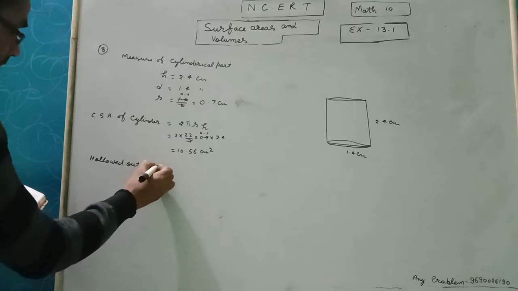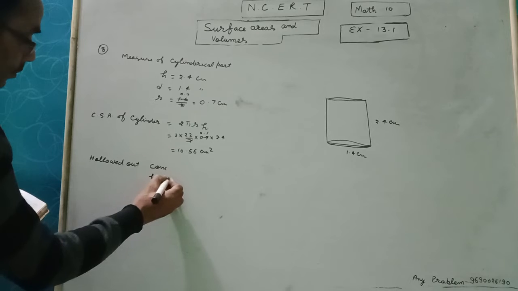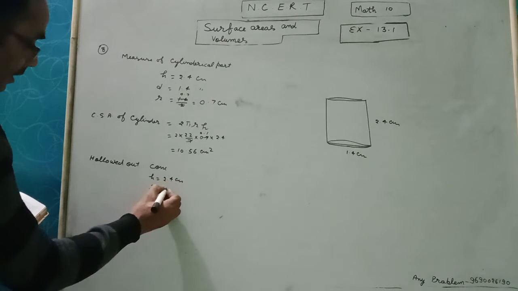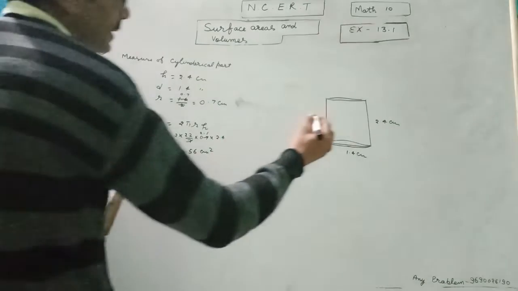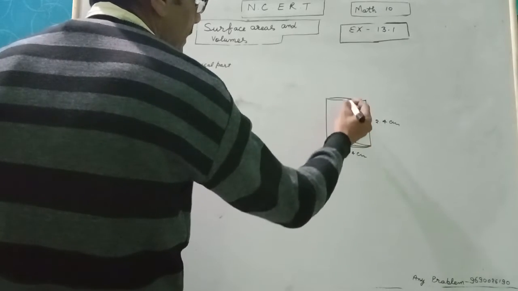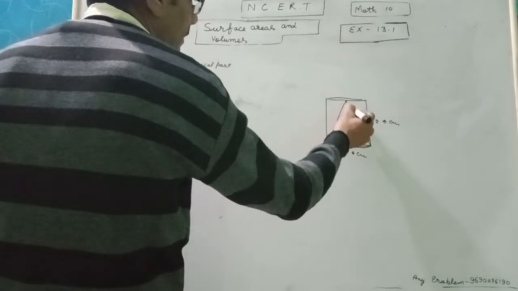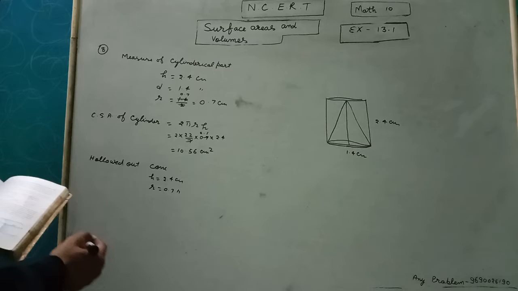Cone: H is equal to 2.4 cm, R will be 0.7. Same height, same diameter, the conical cut is hollowed out.